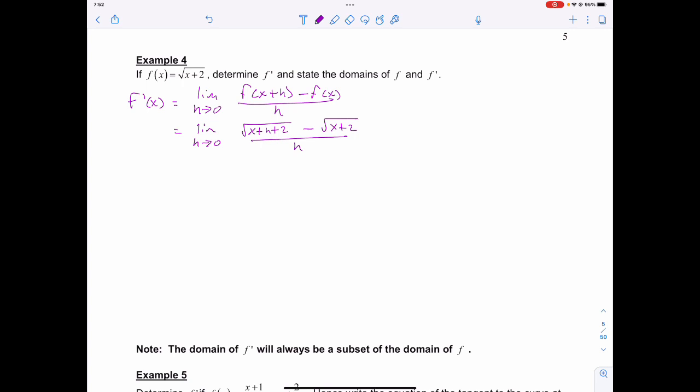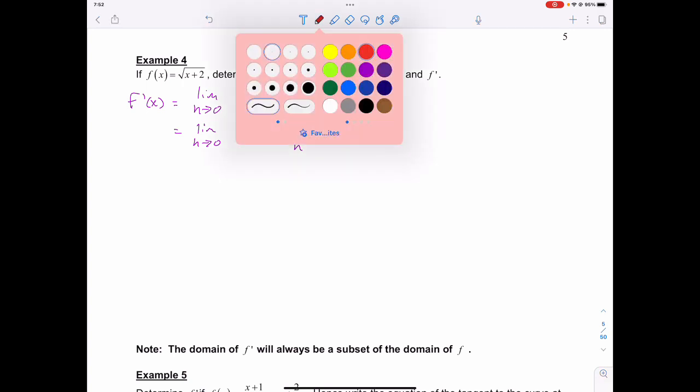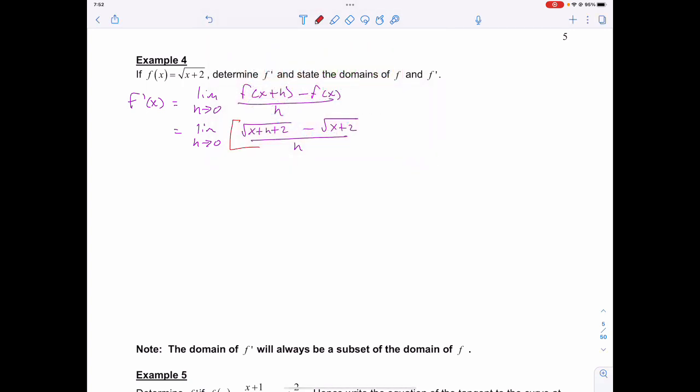Now, in order to solve this, we need to rationalize that numerator. So we're going to multiply the numerator and the denominator by the conjugate: square root of x plus h plus 2 plus the square root of x plus 2.